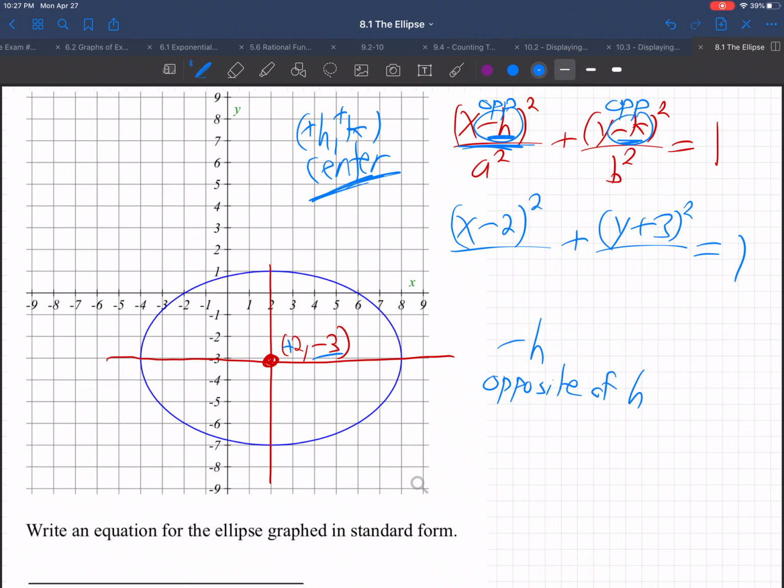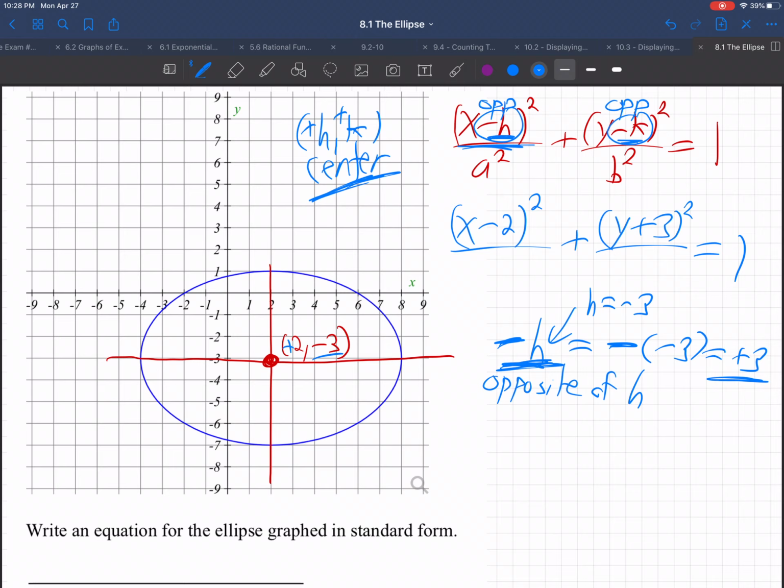Why? Well, if h itself is a negative number, say h happens to be negative 3, then negative h is actually positive 3. So negative h is not always a negative thing. It's the opposite of whatever h is.